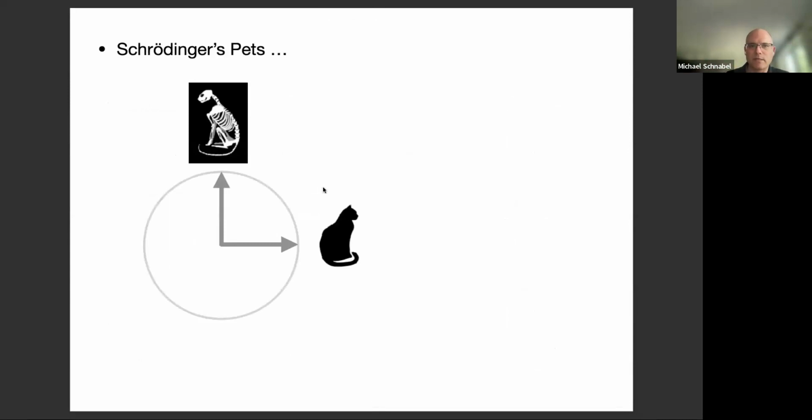Okay, now let's go back to Schrödinger's cat. So now we can represent by a quantum state what happens. So we have the cat, which is dead and alive. And now, how would we represent Schrödinger's cat? Any ideas?